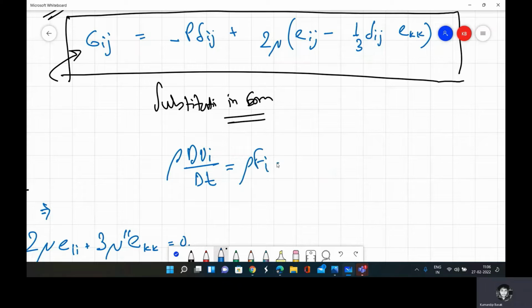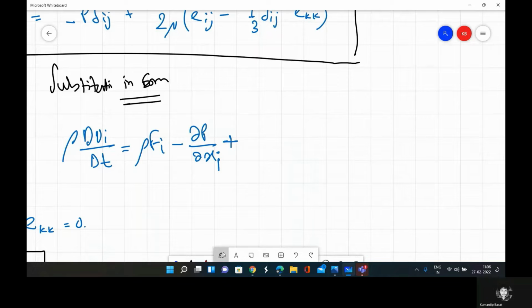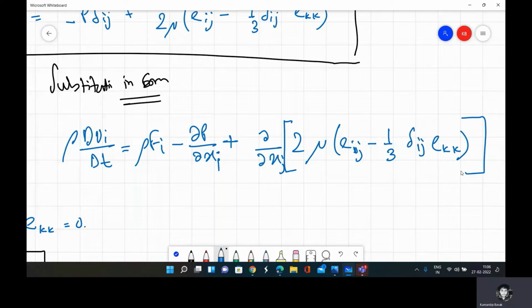rho fi minus dou p by dou xi plus dou by dou xj of the whole into 2 mu eij minus 1 by 3 delta ij ekk.